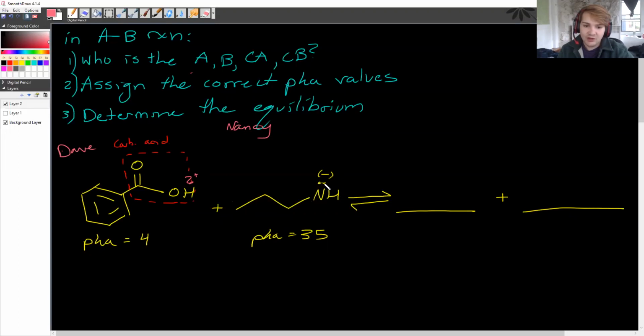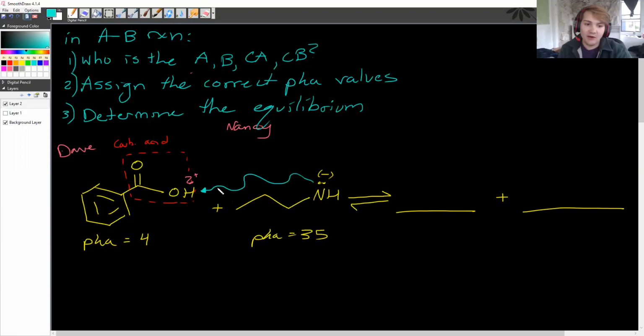Versus if we look at this Nancy structure over here, what do you notice about the charge on the nitrogen? It's negative, right? So do we think that this nitrogen is going to want to come over and take this hydrogen? Totally, right? Negative is attracted to this positive hydrogen. And so we can say that this is how the reaction is going to go.